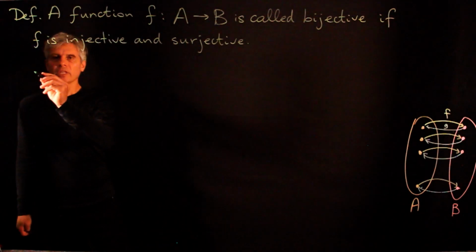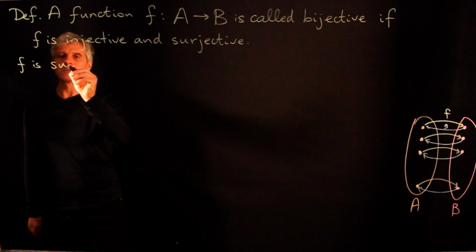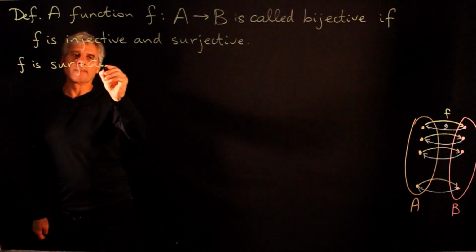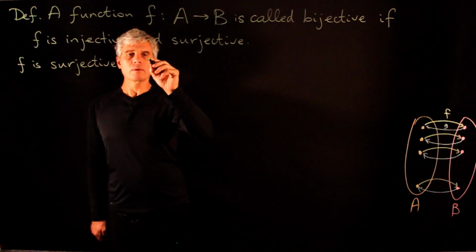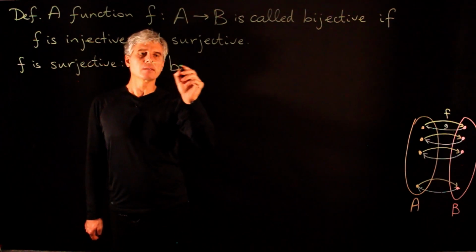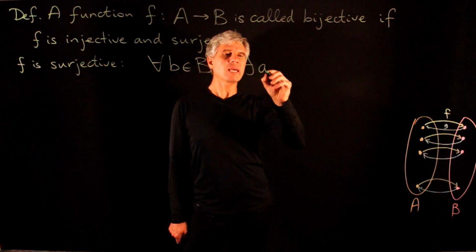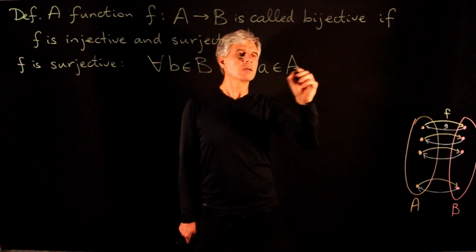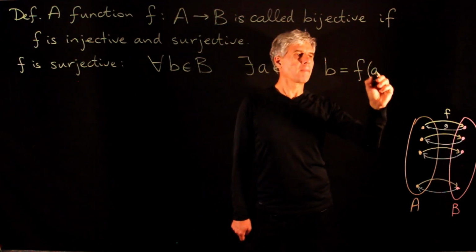Now, let's recall, what does it mean that f is surjective? So this means that for every b in the set B, there exists an element a in the set A such that b is f of a.